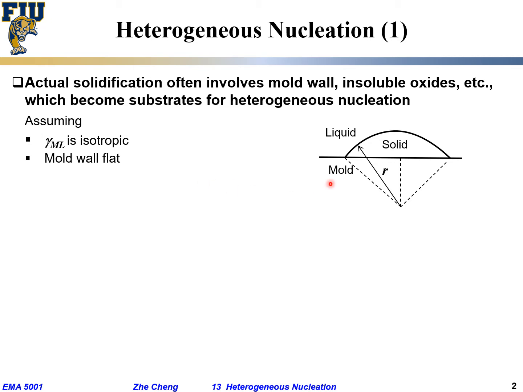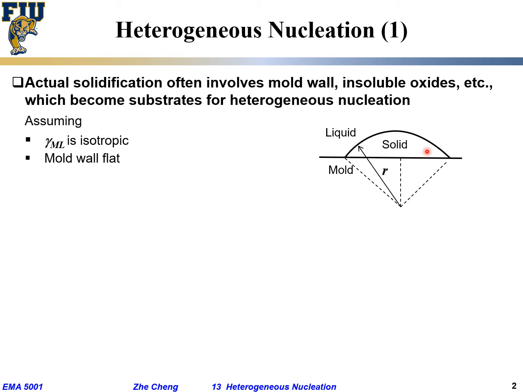The flat solid existing is our mold or substrate of foreign material, solid material, right? That's hetero. It's happening there, not uniformly within the liquid. Above it is our uniform liquid, and in between, that's our solid nucleus, or solid cluster that would form. For simplicity, we assume it to be a so-called sphere cap.